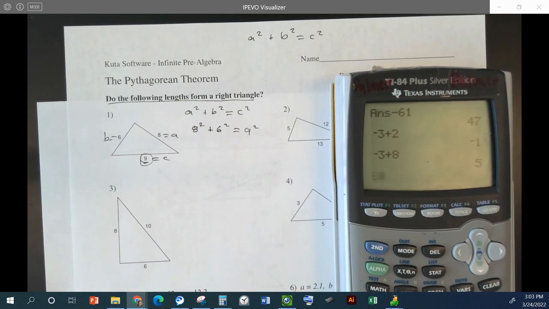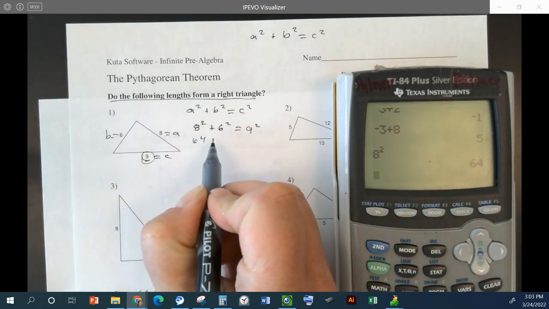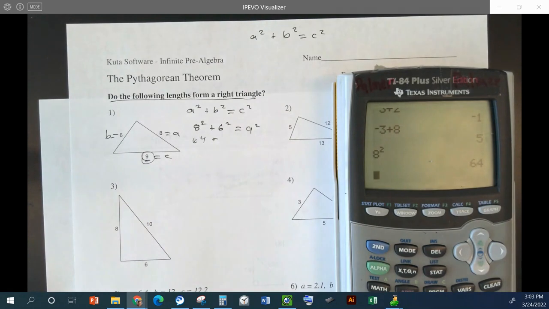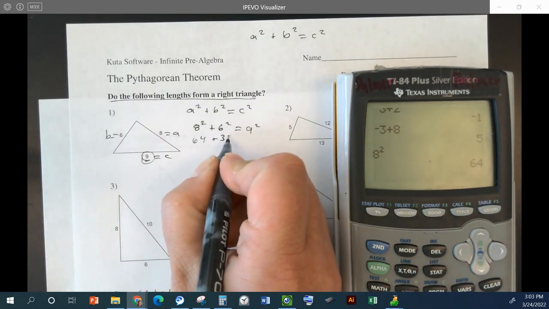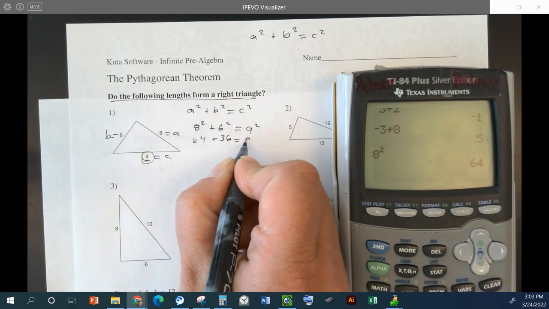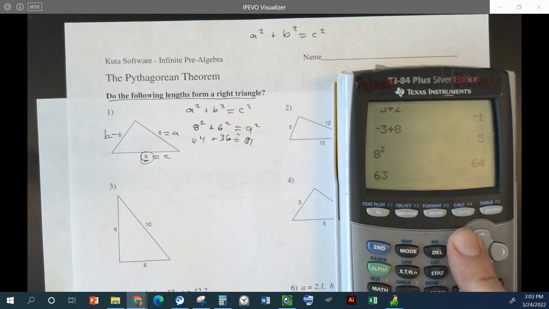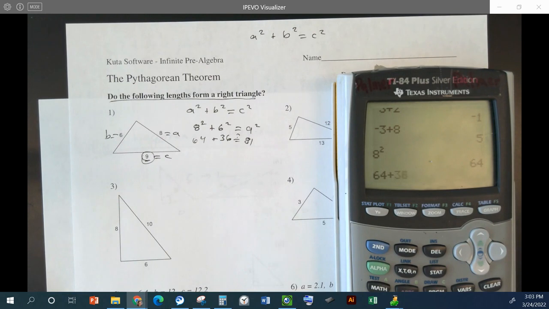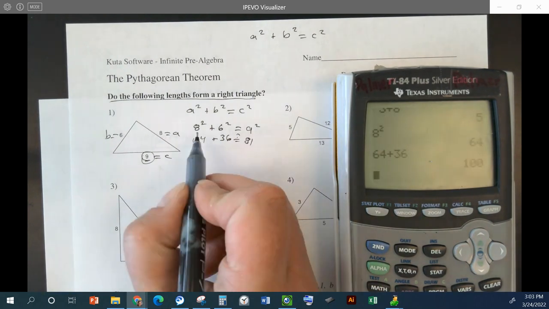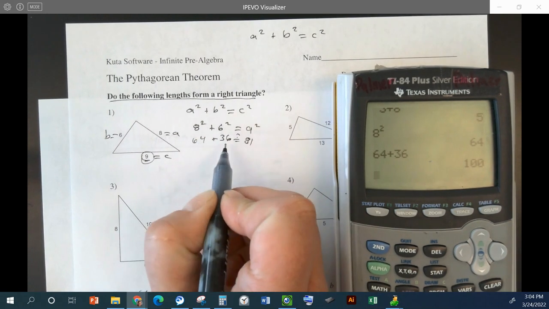So we're just checking. 8 squared is 64. You can type this all in probably too, but I'm going to do it in pieces. I know 6 squared is 36, and 9 squared is 81. So I'm checking, is this true? 64 plus 36. Yeah, that's right. 8 times 8 is 64. 6 times 6 is 36.